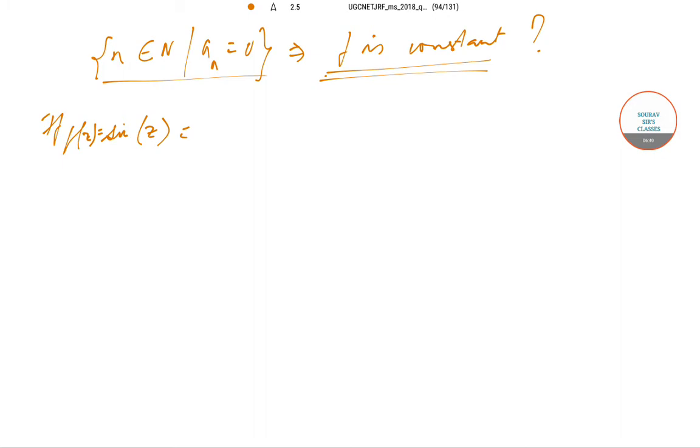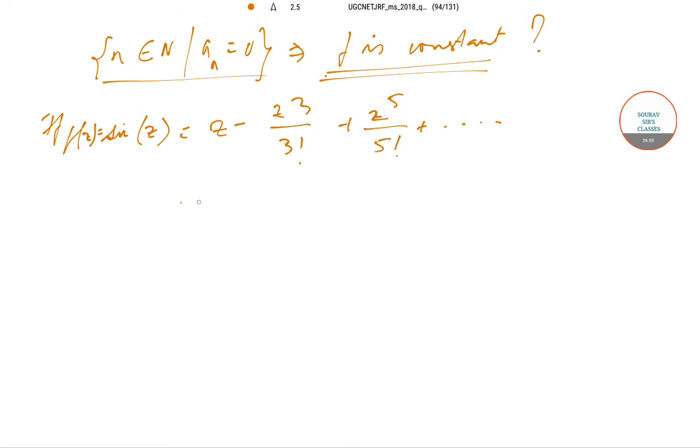Now what is the expansion of sine of z? Sine of z is equal to z minus z cube by 3 factorial plus z to the power 5 by 5 factorial and so on.